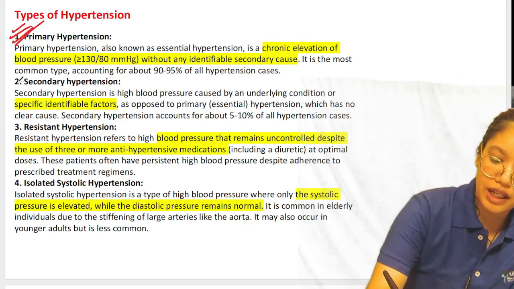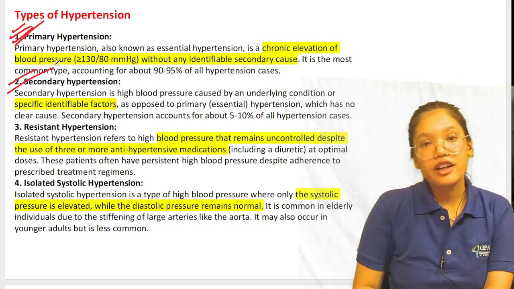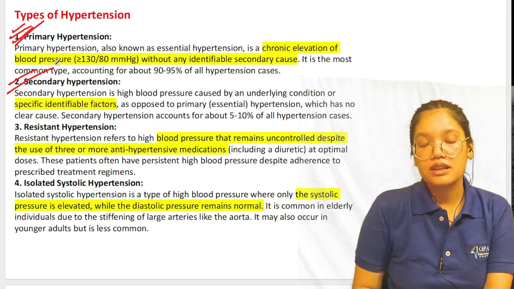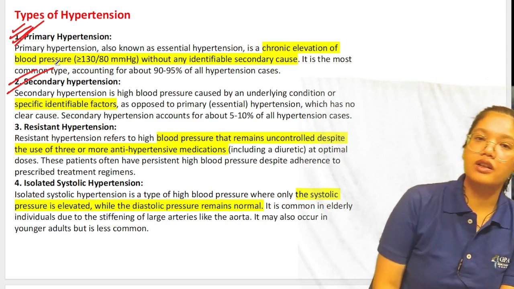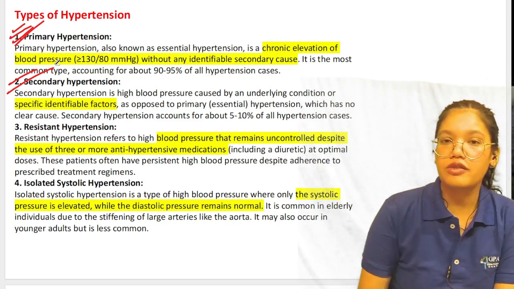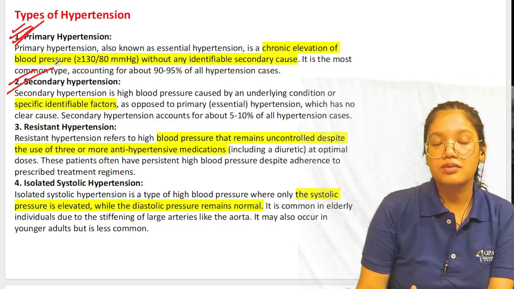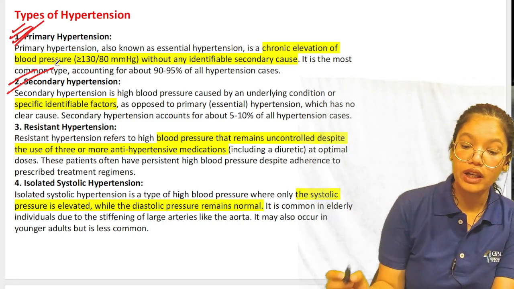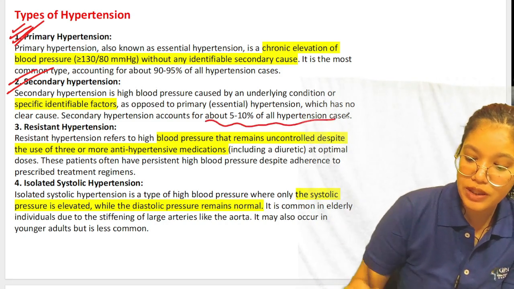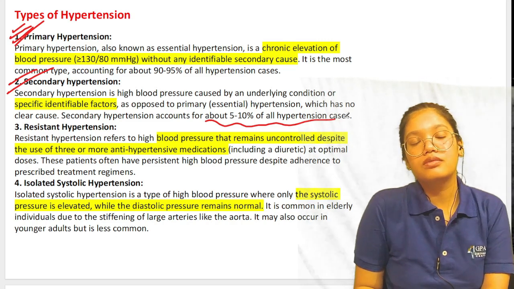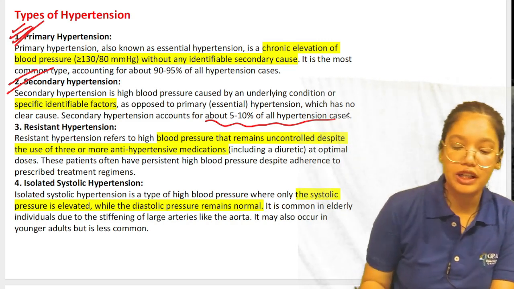The second type is secondary hypertension. In this hypertension there is an identifiable cause; we know why the hypertension is occurring. Five to 10% of the population suffers from this type of hypertension.